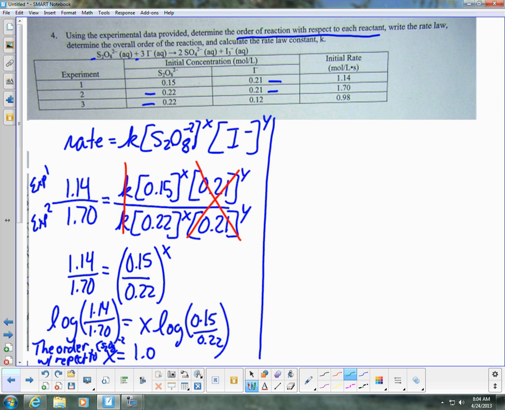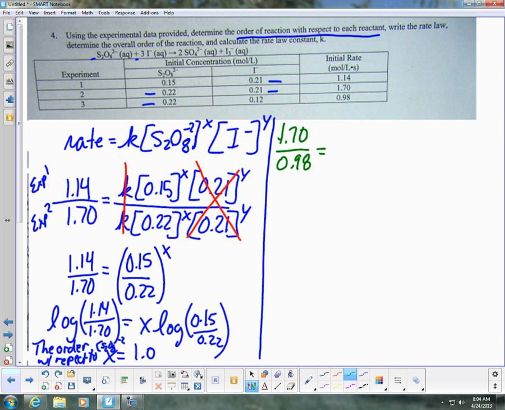I'll change colors. We're going to do the bottom 2 experiments. So we're going to get rate, which is 1.70 divided by 0.98. We have to have something the same so it'll cancel out so we can solve just for one or the other. So whatever I hold constant, I'm finding the other one.